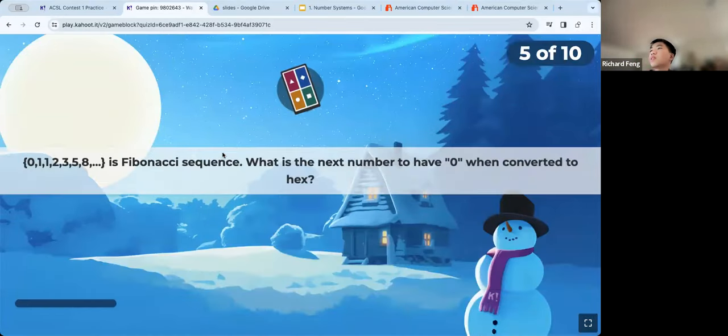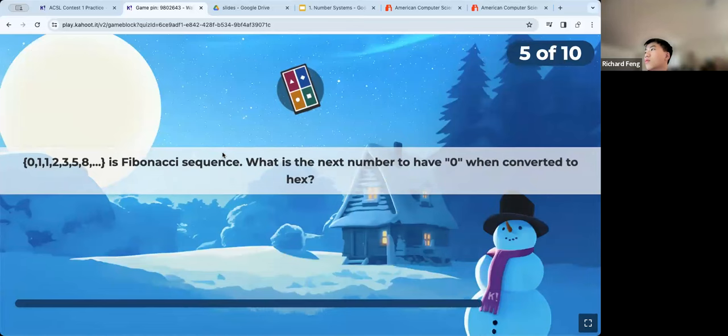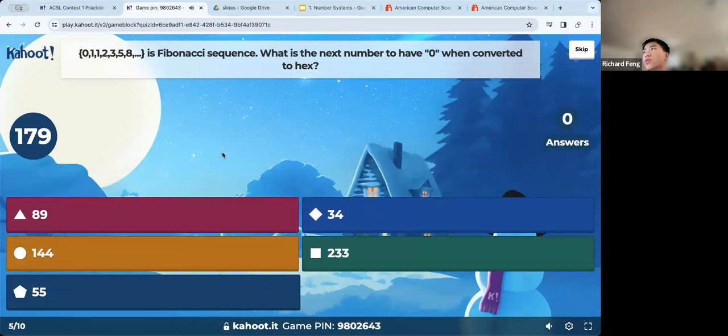Okay, double points. This one is about Fibonacci sequence and also base number systems.